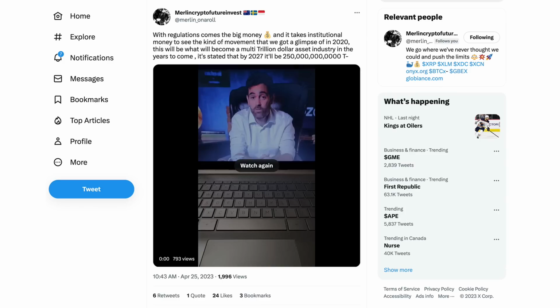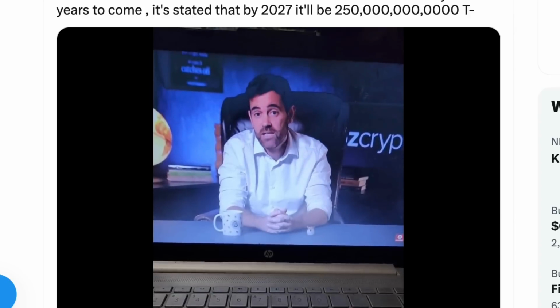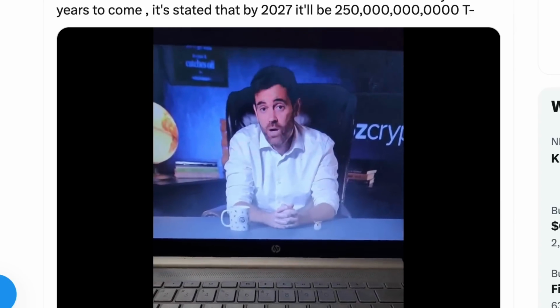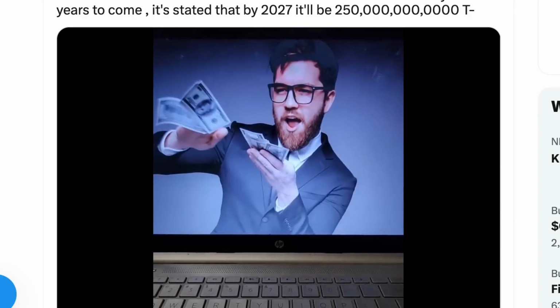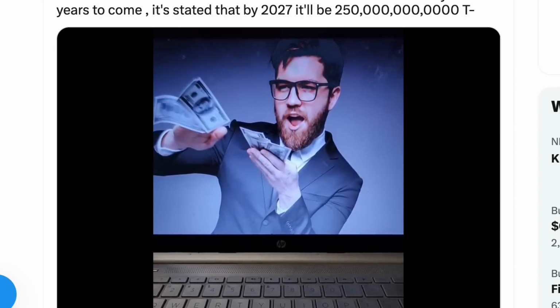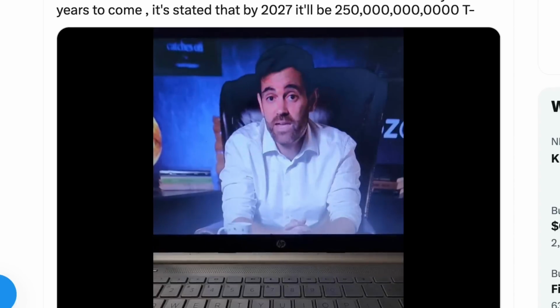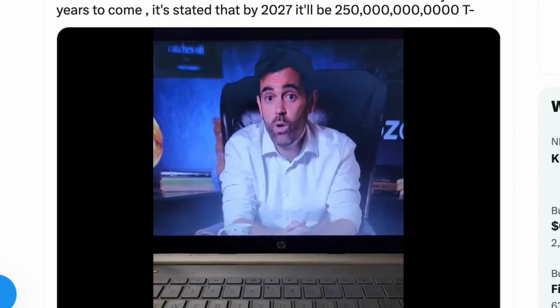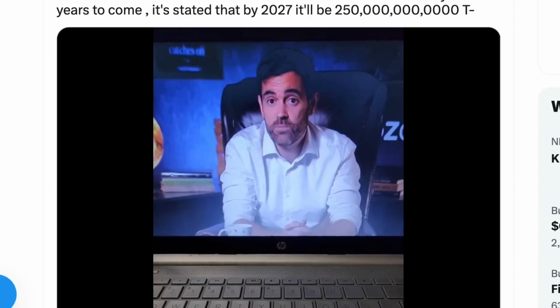So you can only imagine what that would mean for retail holders. Now, at the end of the day, crypto regulations are required for institutions to invest in the industry, and institutions are the ones with most of the money. Only they can turn crypto into a multi-trillion-dollar asset class, and what we saw during the most recent crypto bull run was a glimpse of what's to come.